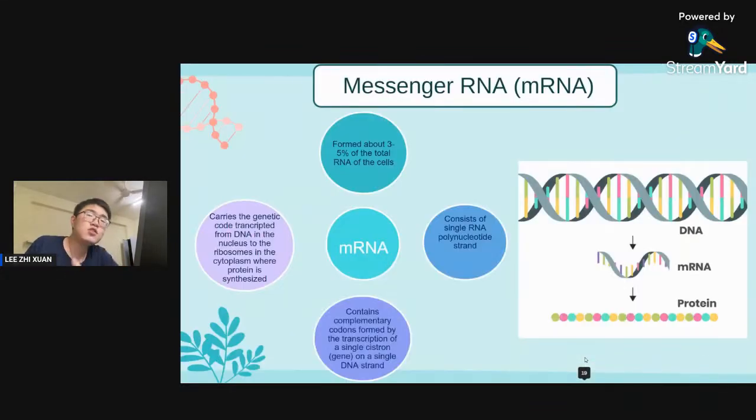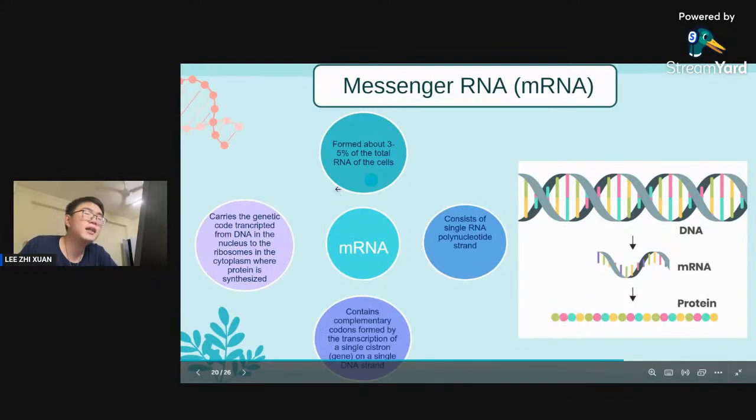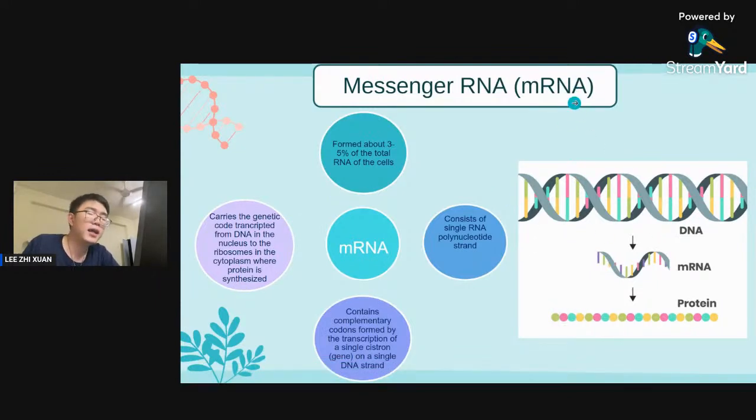Okay, so messenger RNA. The short form is mRNA. So mRNA looks like this. It looks like DNA, but actually not. It is the helix structure, but it only has a single polynucleotide chain.